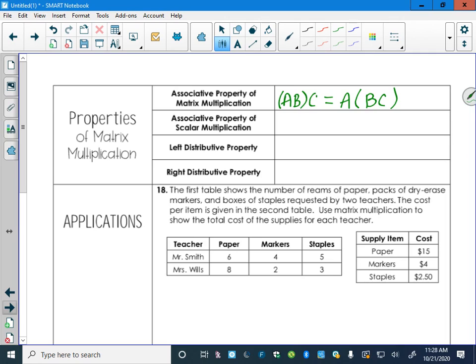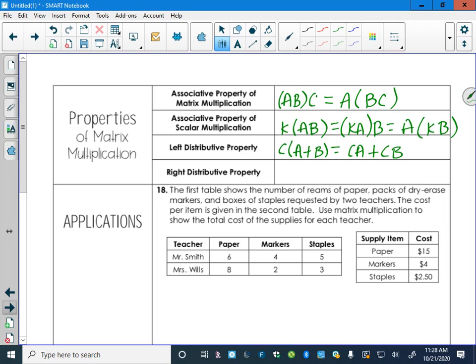The associative property of scalar multiplication, remember a scalar is a number in front. So if K is some number, remember we distribute that, that's going to equal KA times B, which is matrix A times the scalar K times matrix B. The left distributive property says C times A plus B equals CA plus CB.